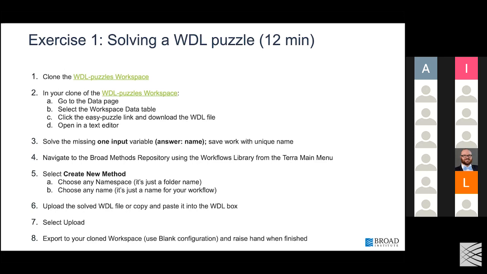So for example, we did a workflow today that took in a FASTQ file as input, and we called that FASTQ file using a data table column. So if you're using that same example, what's your question in the context of that? Are you asking if you can use a different column to call a file from a data table?